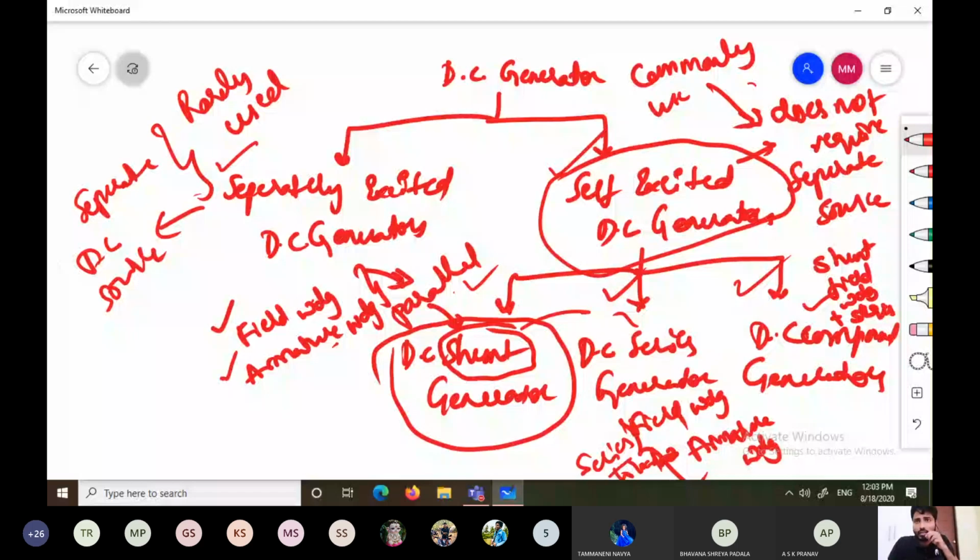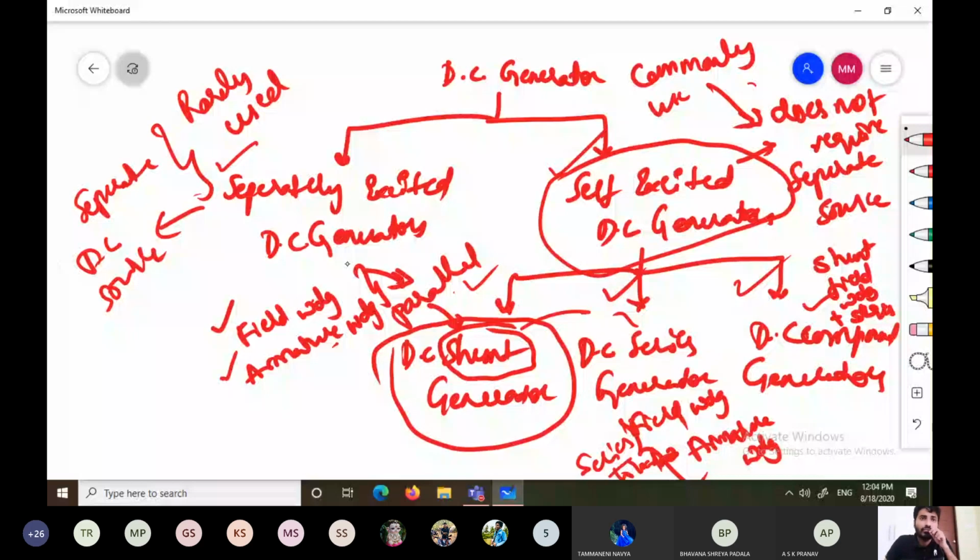Now we have understood the types of DC generators based on excitation. DC generators are classified into two types: separately excited DC generator and self-excited DC generator. What do you mean by separately excited DC generator? It requires a separate DC source.